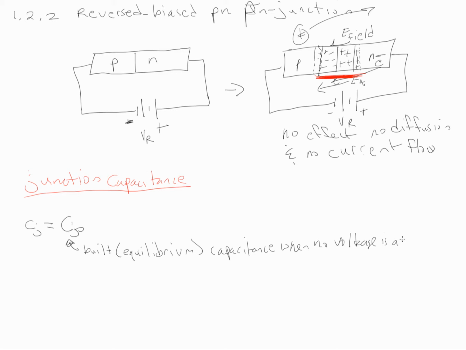And that's all times 1 plus the applied reverse bias over the built-in equilibrium junction potential, to the minus 1/2 power.